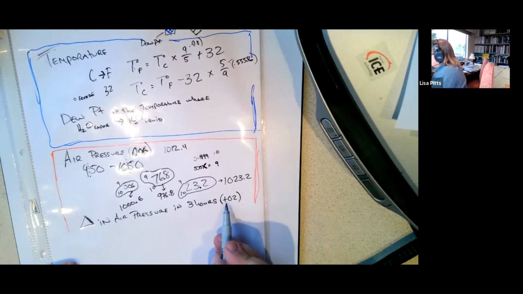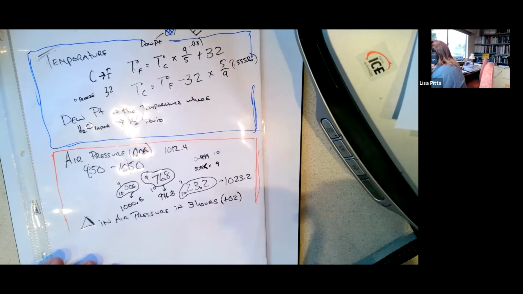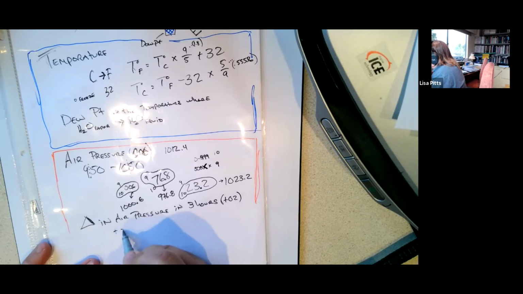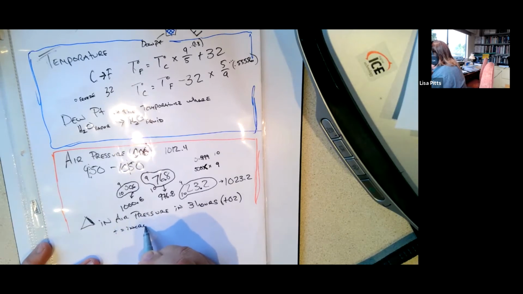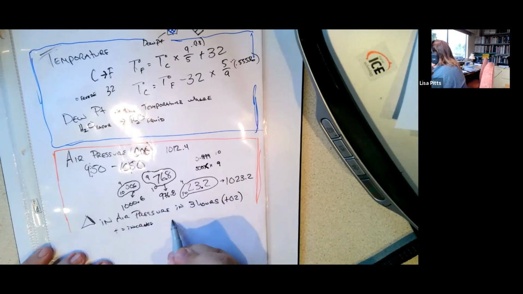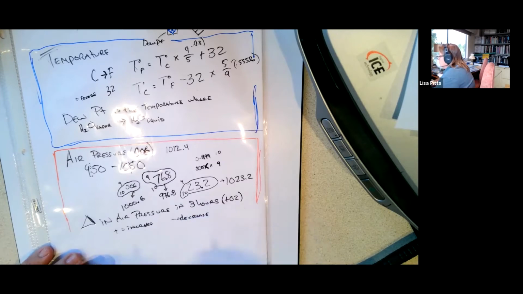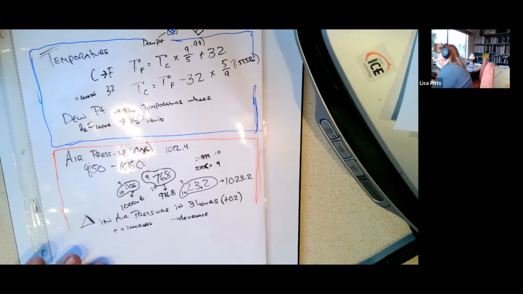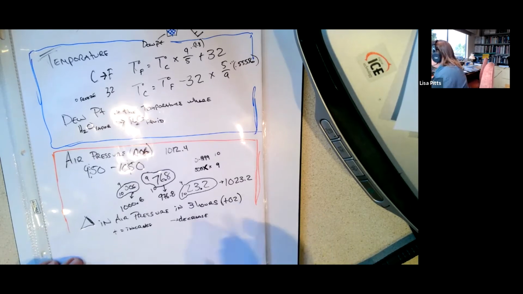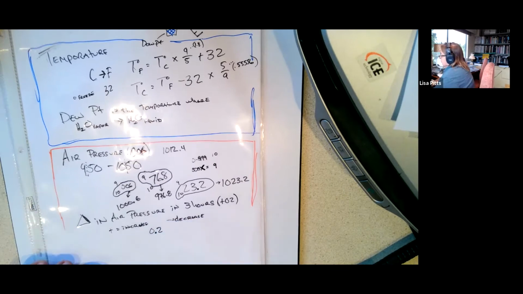So plus obviously means it's gone up, so plus equals increase. Minus obviously is going to be decrease. That one's pretty easy. And then 0.2, so we have to put in a decimal.